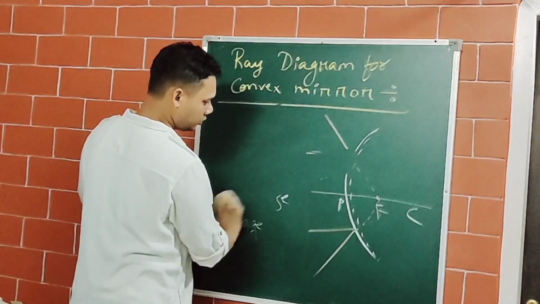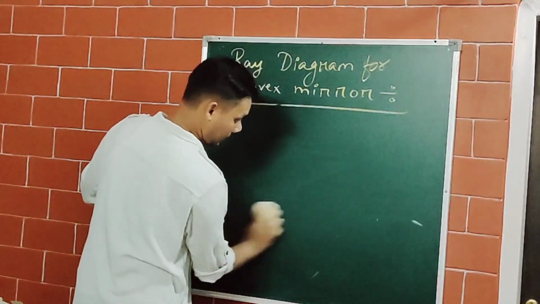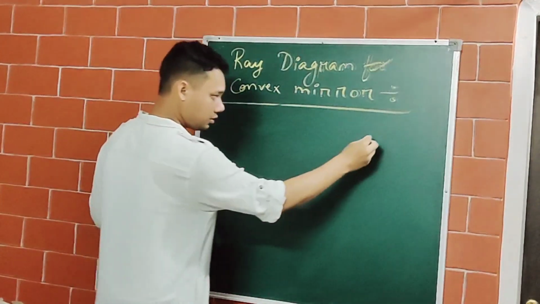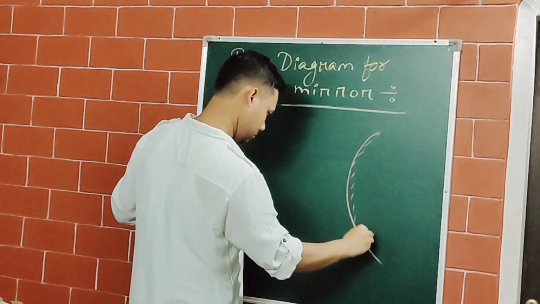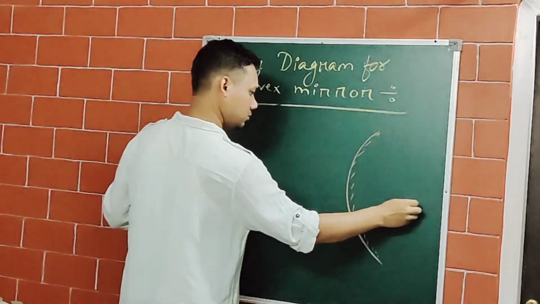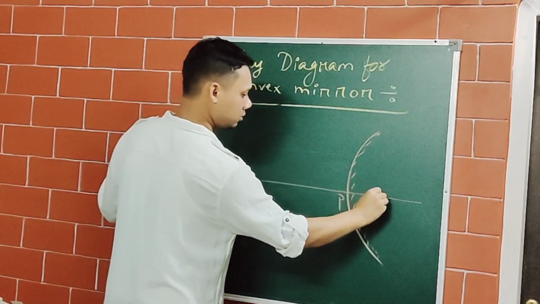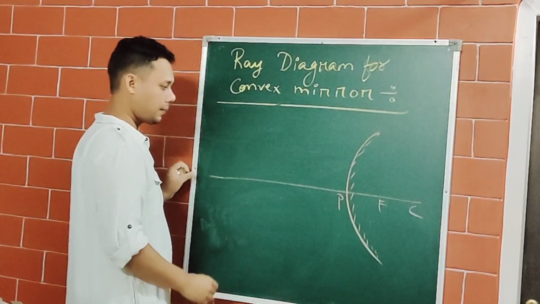Next we will put the object at a considerable distance in front of the mirror. Again this is the pole, focus, center of curvature.